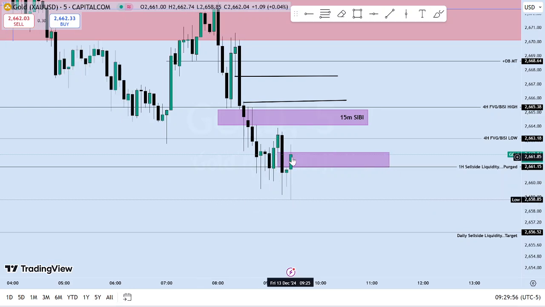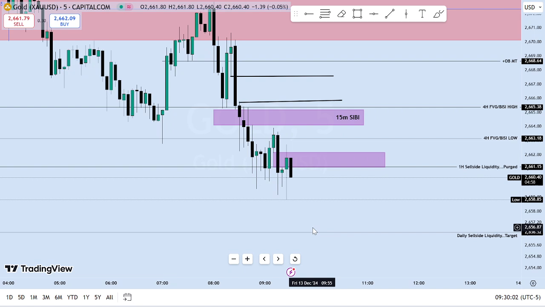We'd like to see price deliver here, coming to deliver at the daily sell side liquidity. As our target, the 9:30 opening price, opening inside an inefficiency.